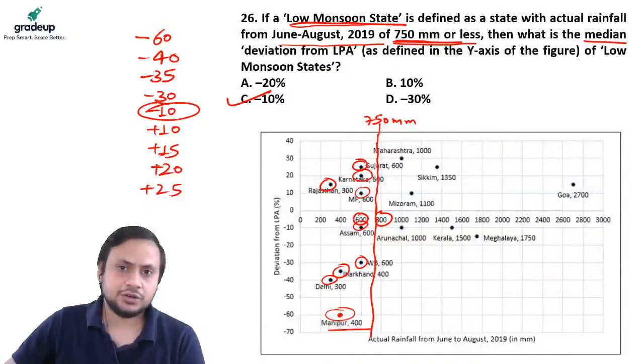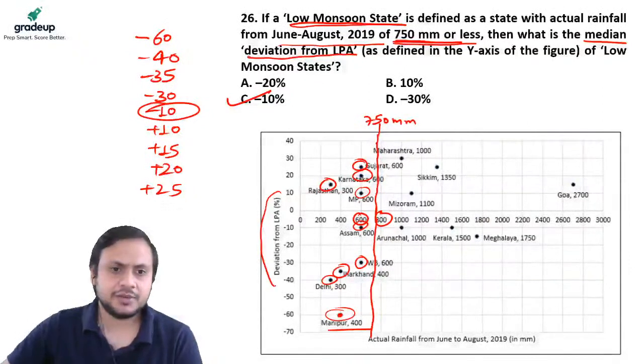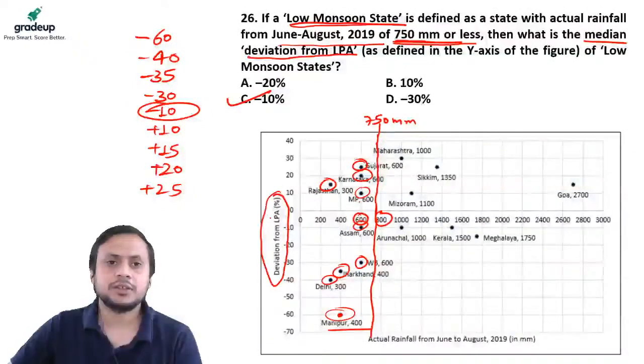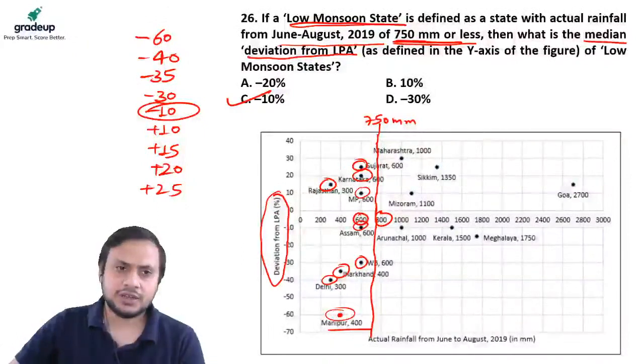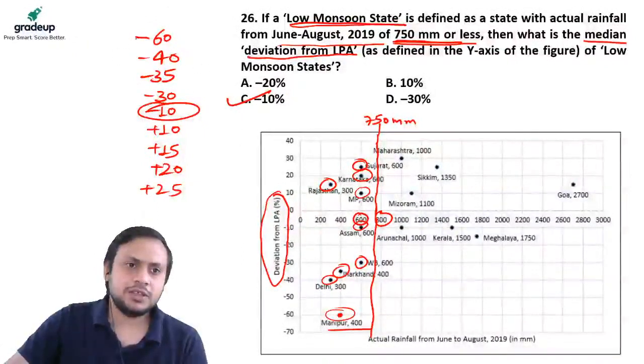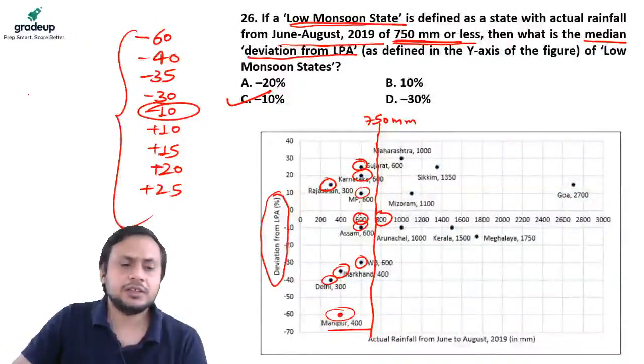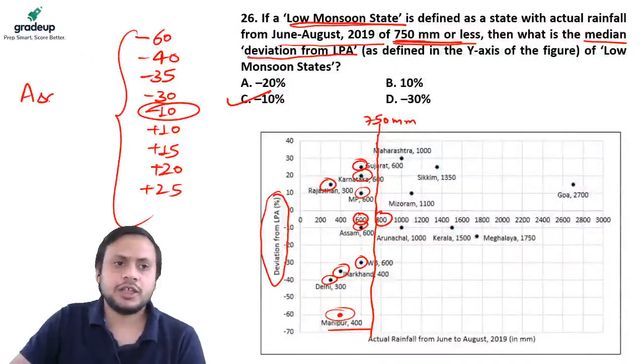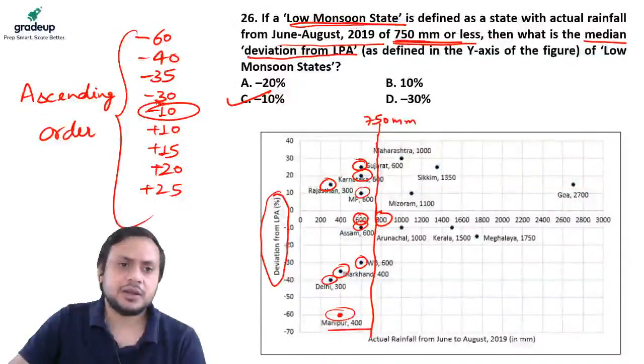Now what we had to find is the median deviation from LPA, which is given on the y-axis. So we wrote all of these values in ascending order. Median is the middlemost value.